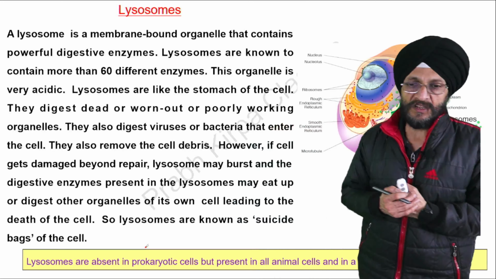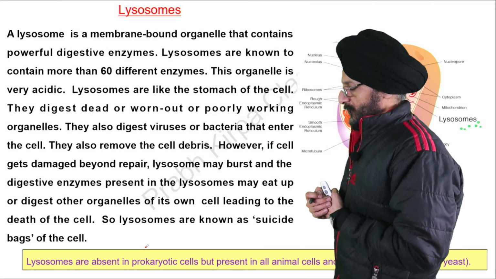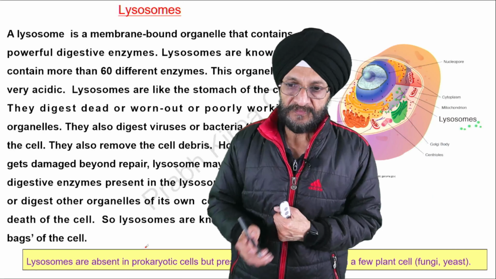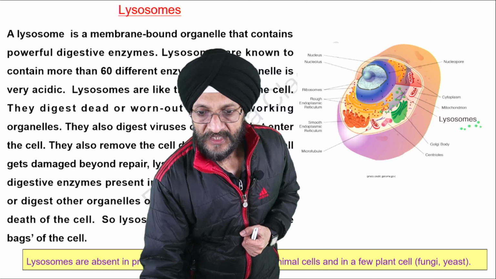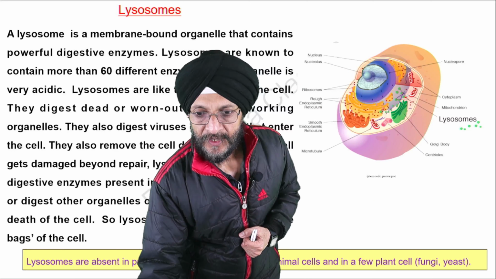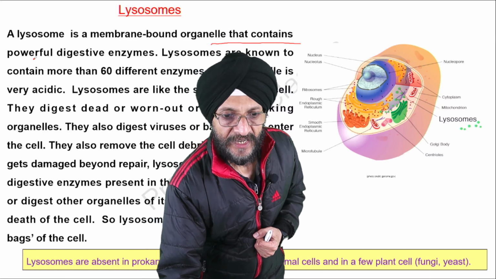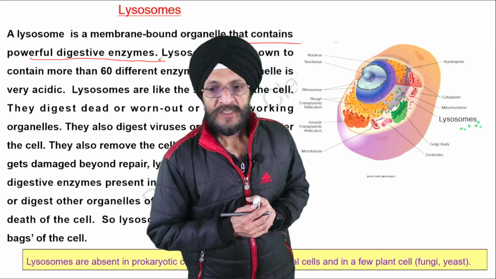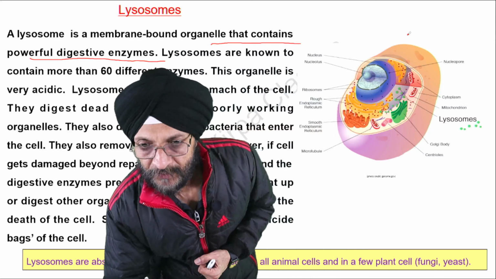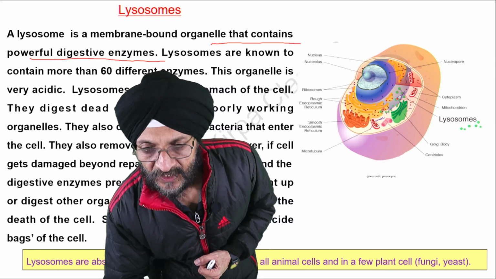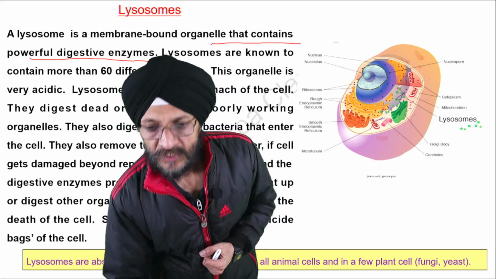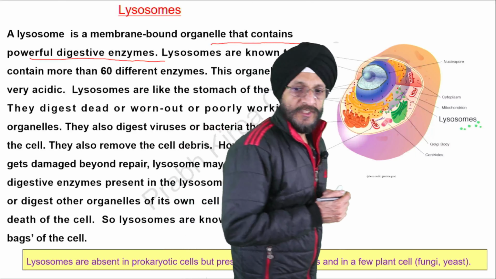Now we will learn about lysosomes. Lysosomes are membrane bound organelles that contain powerful digestive enzymes. In this picture, you can see that these green color dots represent the lysosomes.